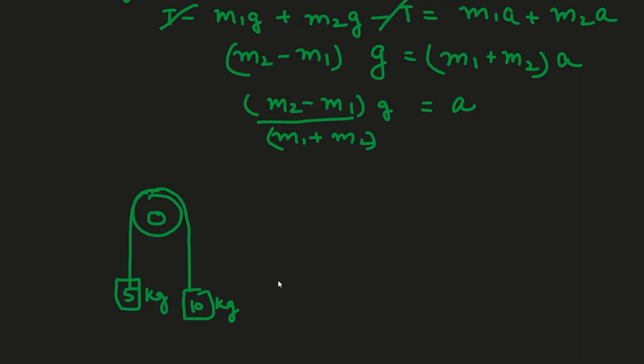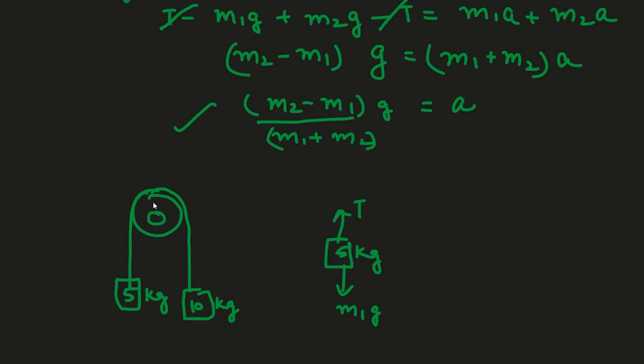You can either use these formulas directly or you can use the free body diagram method. What do we mean by that? That means you simply write the equation for the two bodies.